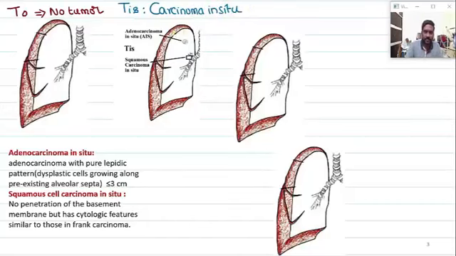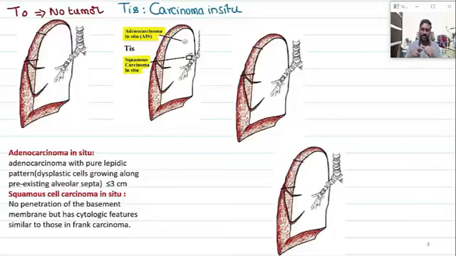So this is something new. We can have either adenocarcinoma in situ or squamous cell carcinoma in situ. Whatever tumor staging we are discussing now is for non-small cell carcinoma, especially adenocarcinoma and squamous cell carcinoma, because these two varieties are very common and can be asked in your exam.